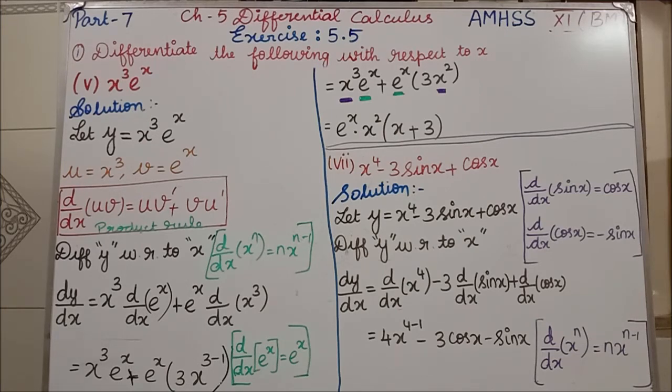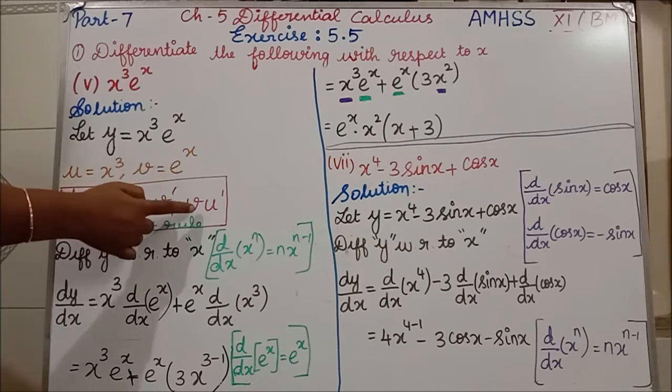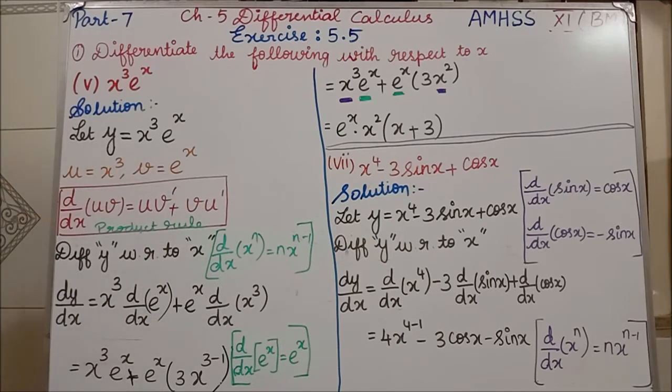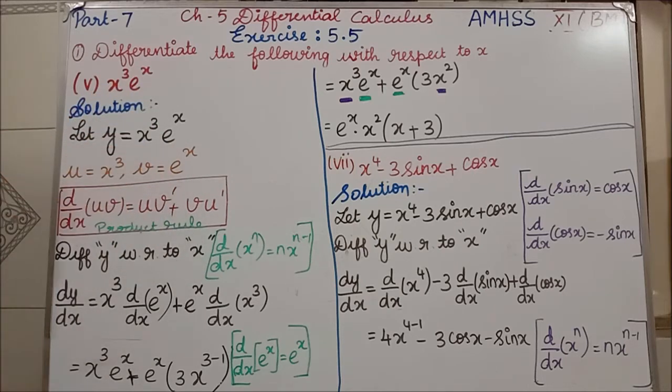What is the product rule we have written? d by dx of uv is equal to u v dash plus v u dash. When I was teaching itself, I told you product and quotient rules are very important rules, isn't it? Okay. Now the first thing, x cube, you are going to take as u. This e power x you are going to take as v.